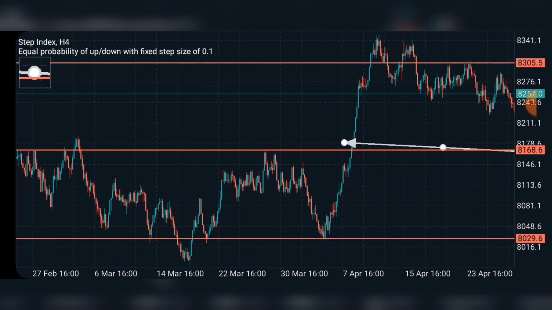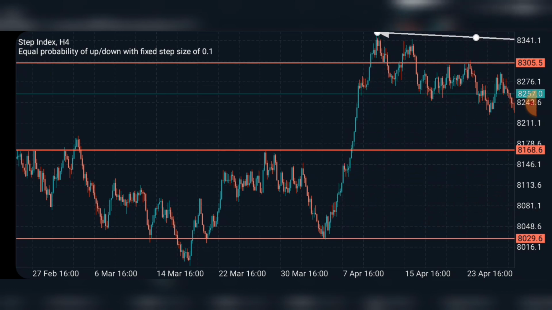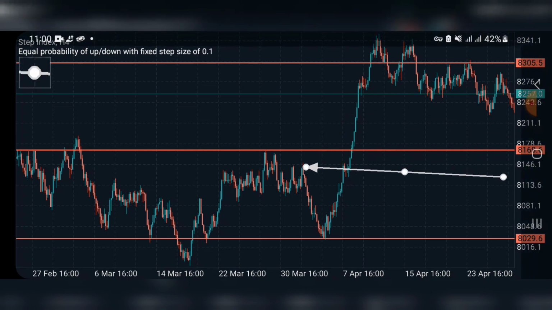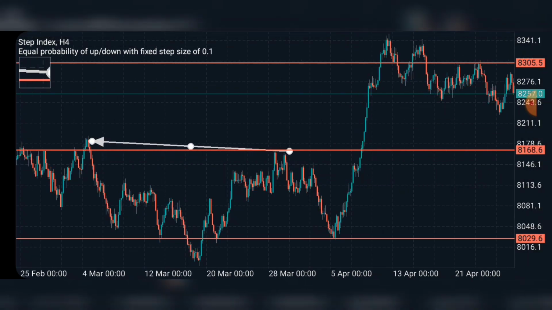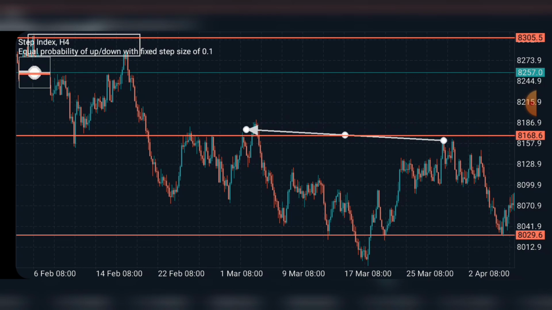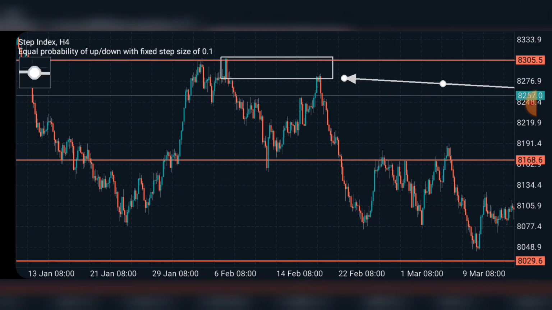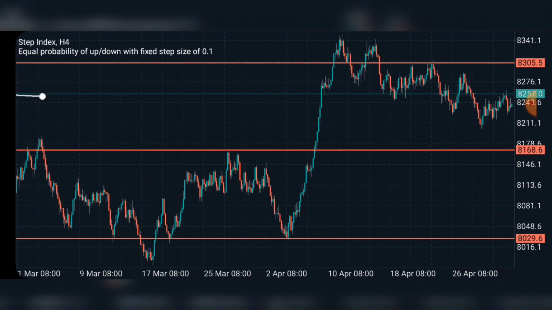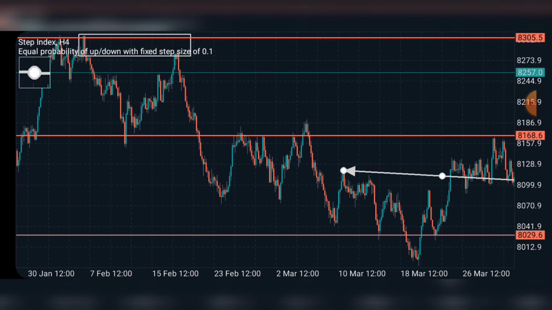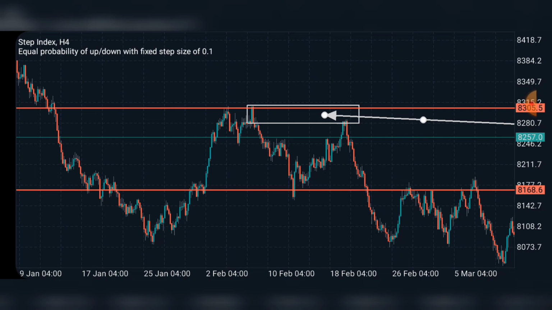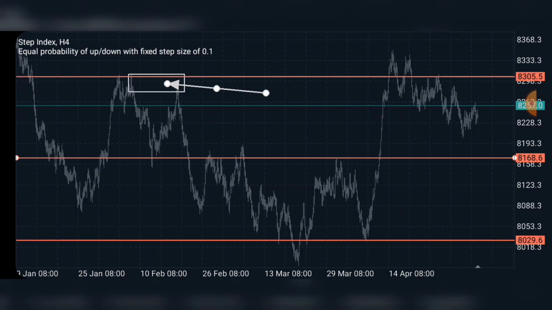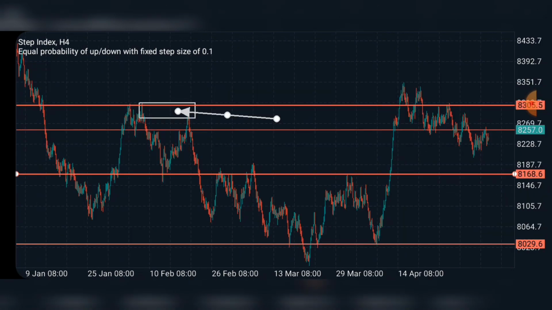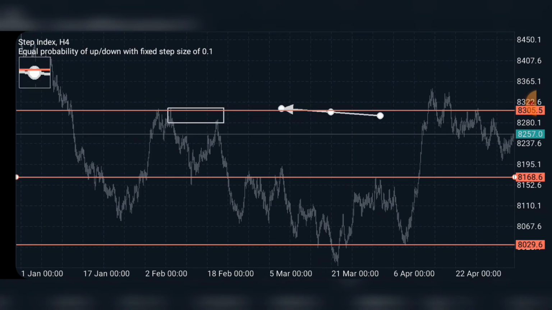And then what happened? Price broke the range all the way to the top, taking out this range as internal liquidity, taking out this range as internal liquidity, and ultimately taking out this range as internal liquidity, right? So it took out all of these as internal liquidity, coming up to this point where it cleared the liquidity in this area. And let's look at the overall picture here, right? As we can see, it's a higher time frame move.